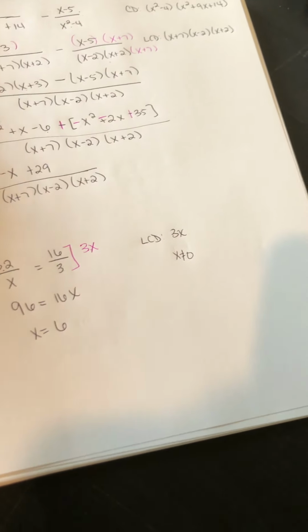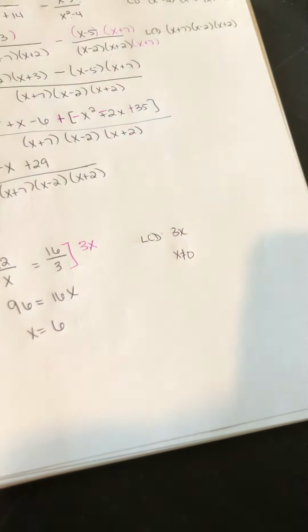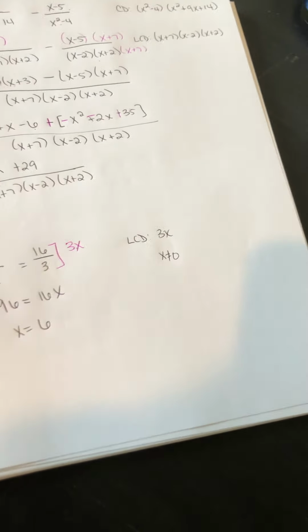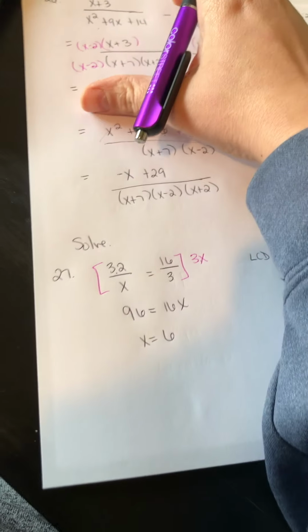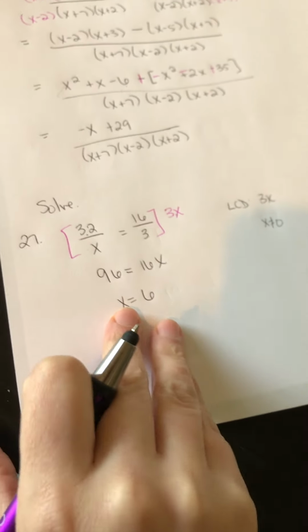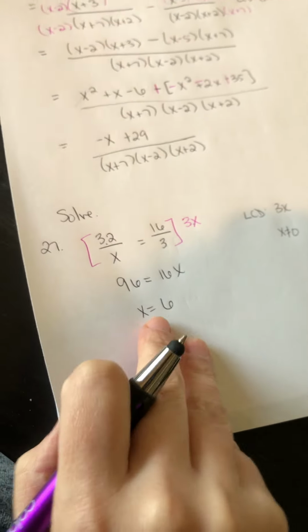But you just want to make sure for an equation that your answer does not violate a domain issue, because when we clear these fractions and make it not have a denominator, sometimes you come up with an answer that doesn't work, because when you plug it back into the original, it gives you 0 in the denominator. Actually, we're going to do one like that in just a second.